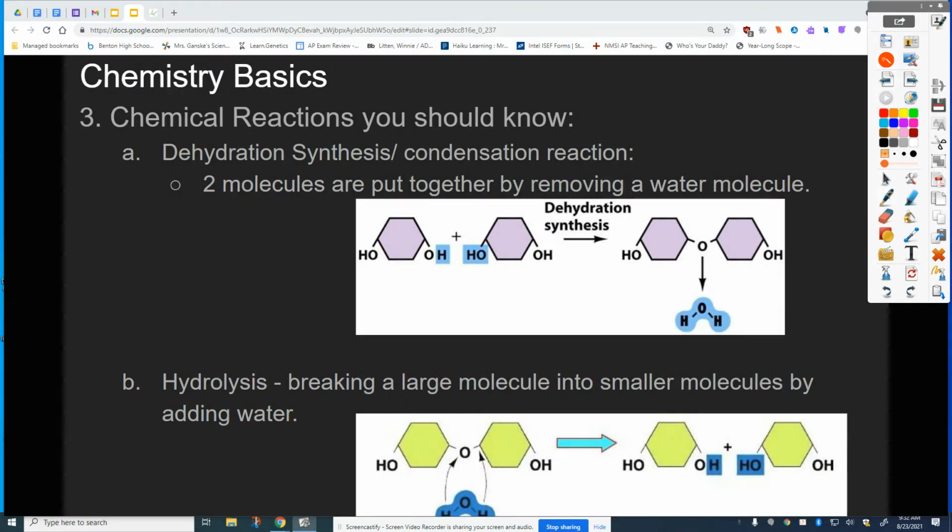There are two types of chemical reactions that you need to make sure you know. When you get to chemistry, they're going to give you lots of other terms and other reactions. Right now, we're going to focus on these two. There's a dehydration synthesis or a condensation reaction. What does synthesis mean?